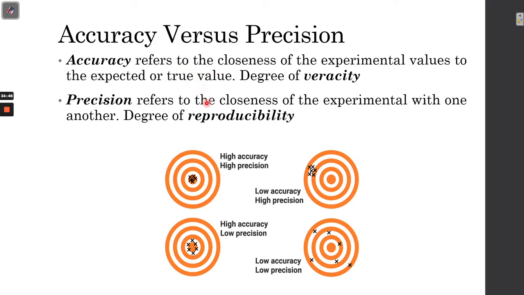So example is on high accuracy is halimbawa yung bullseye nito, ito yung correct number. And if we take measurements and yung number natin is really close to that value, then we have a very good accuracy. Precision, on the other hand, refers to the closeness of the experimental values with one another.